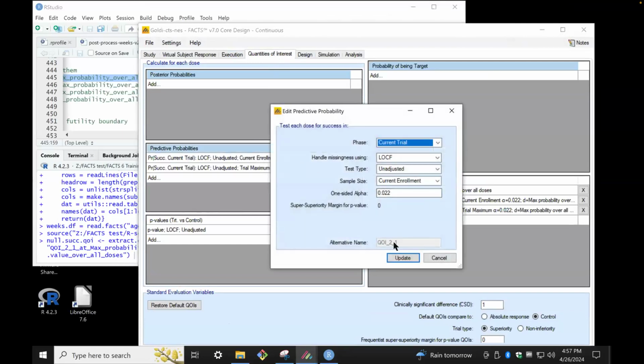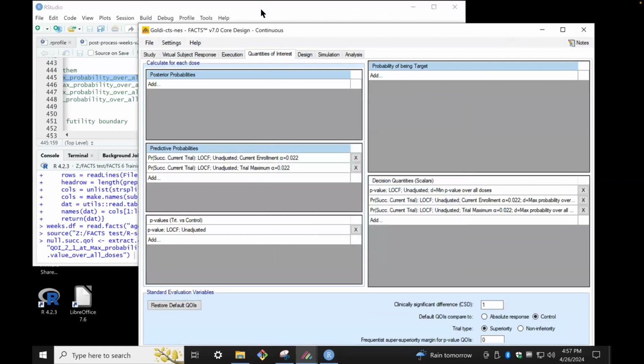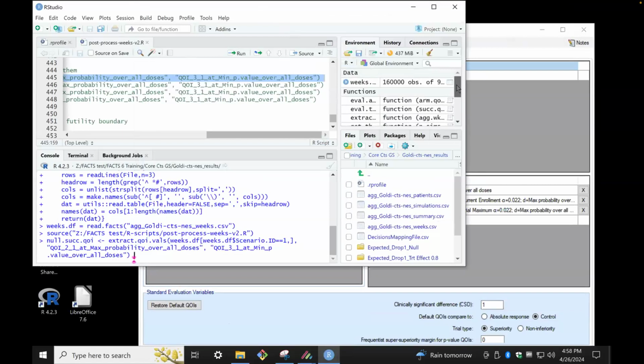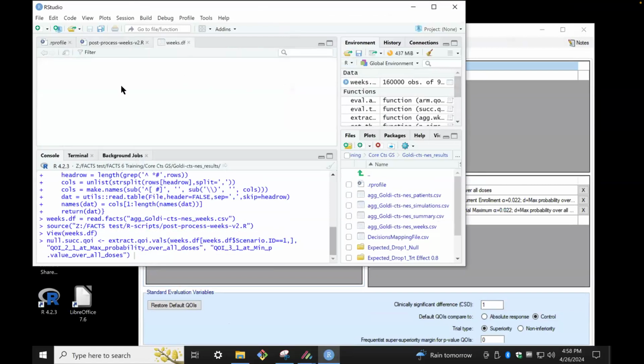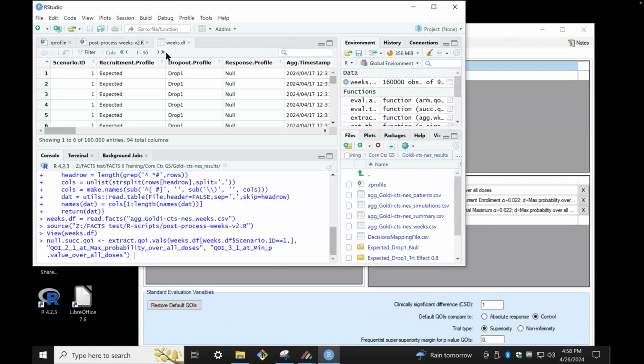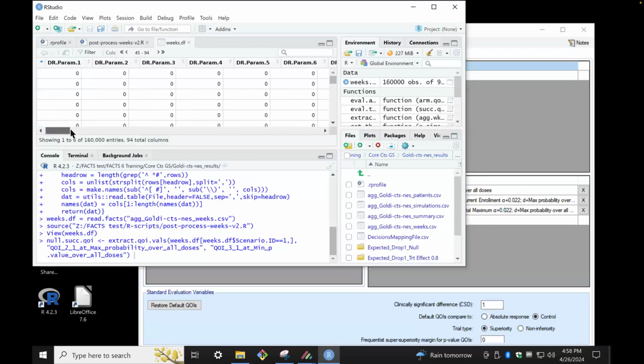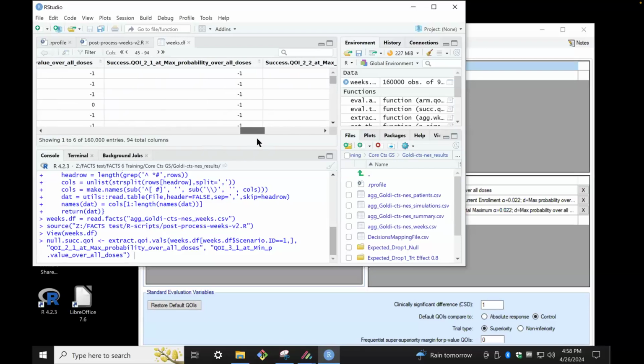Okay, we can see the short name there. We can see the names actually in the weeks file if we look at it. The p-values are all at the end. They're the last columns. So we have quantity of interest 2_1 at the maximum probability, and quantity of interest 2_2.